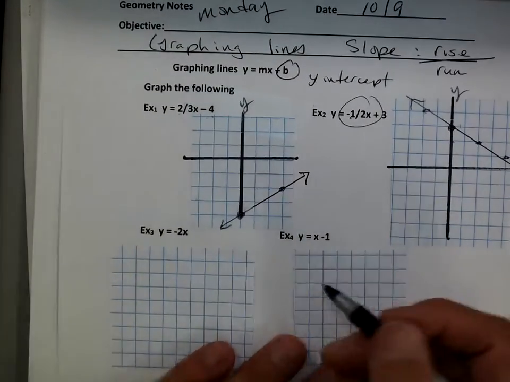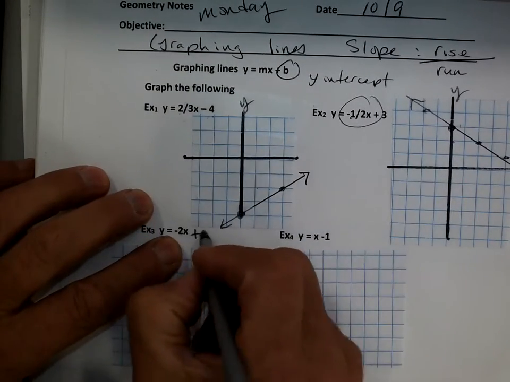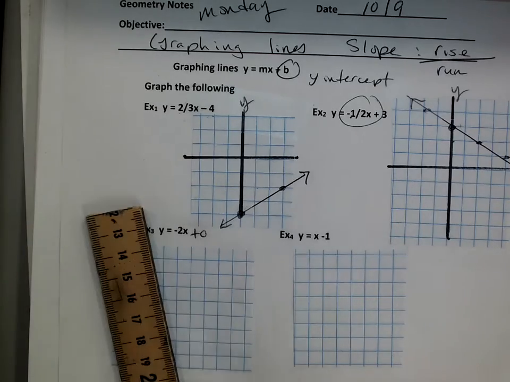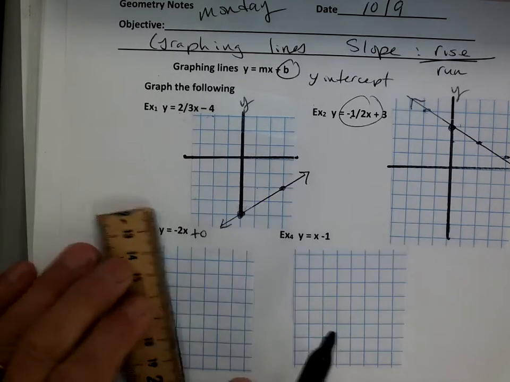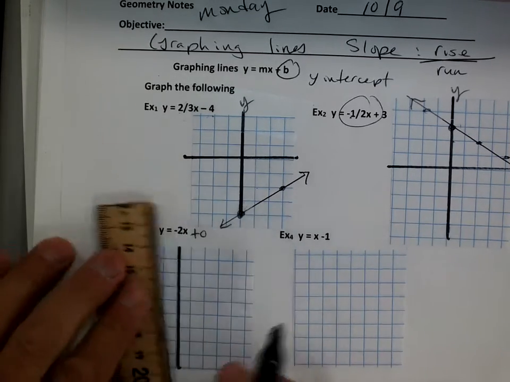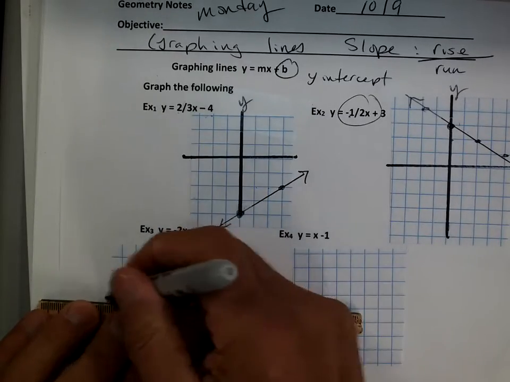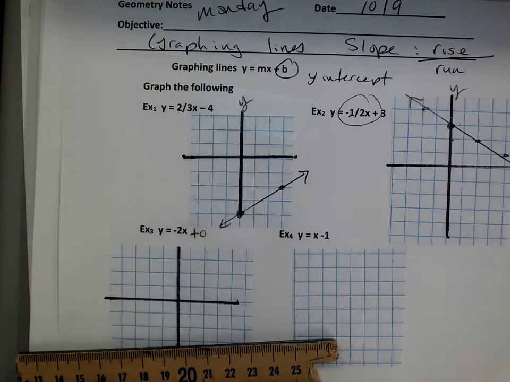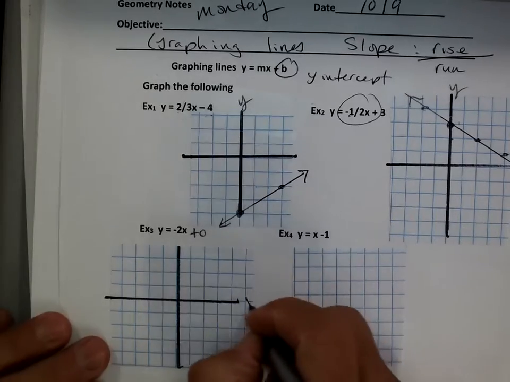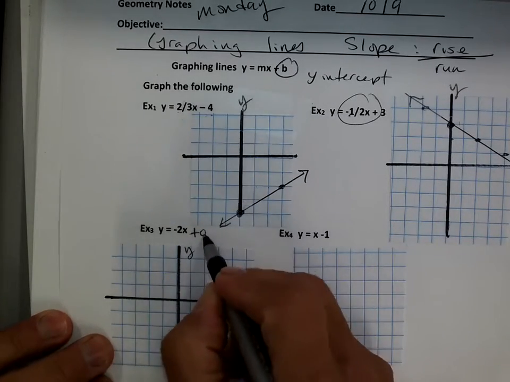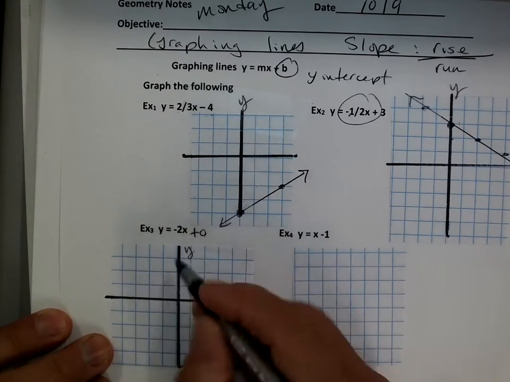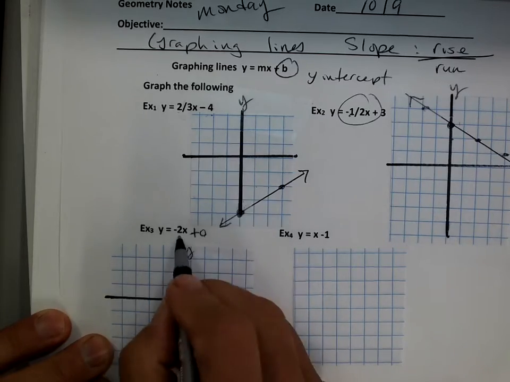Number 3 has an invisible number, an invisible 0, so we're going to start at 0. Okay. So I'm going to go ahead and put my y and my x-axis on. Again, if this is my x-axis and that's my y-axis, start at 0 on my y-axis and a slope of -2.